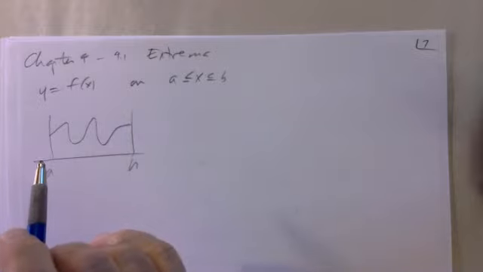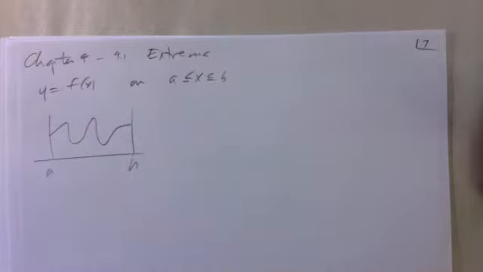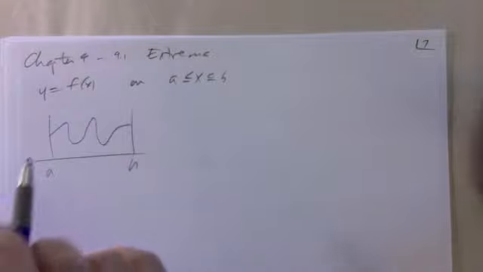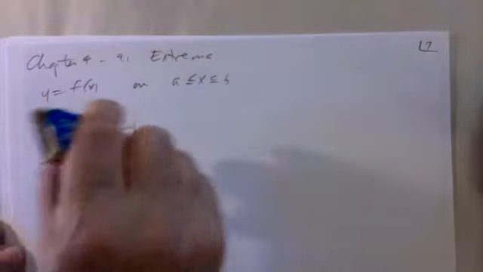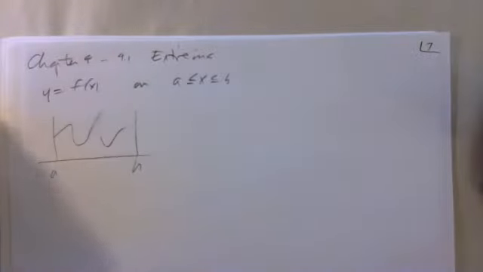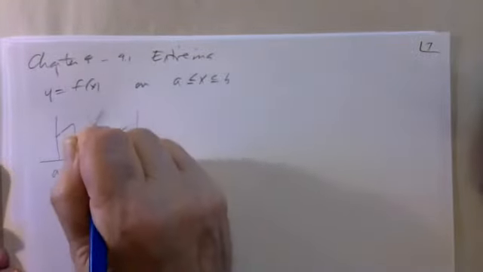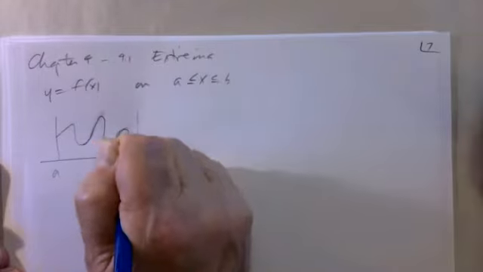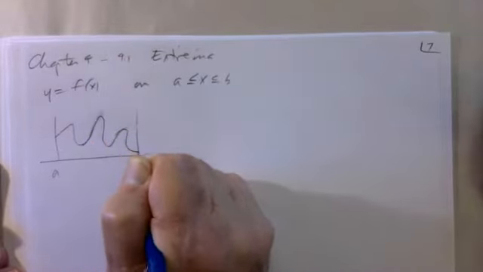I'm not sure this is the world's greatest picture, but let me extend it a little bit. Let's say the graph of the function looks like this, from a to b.